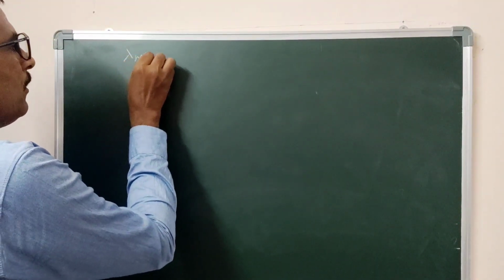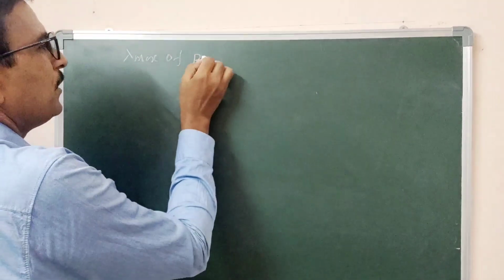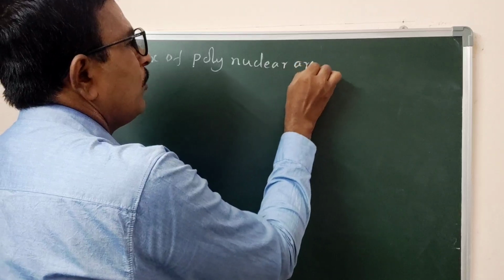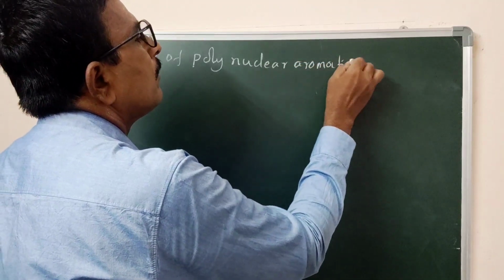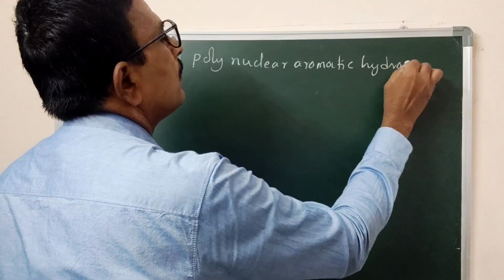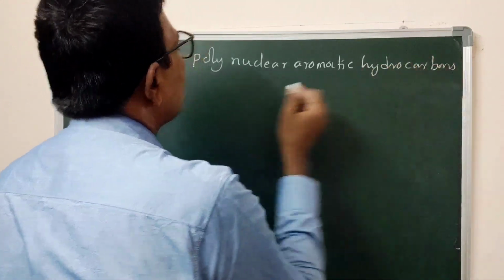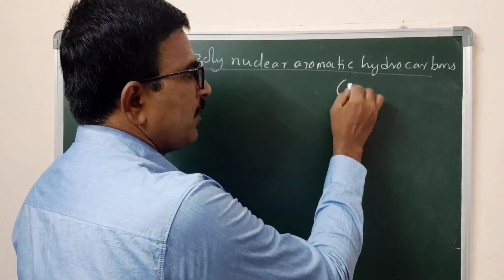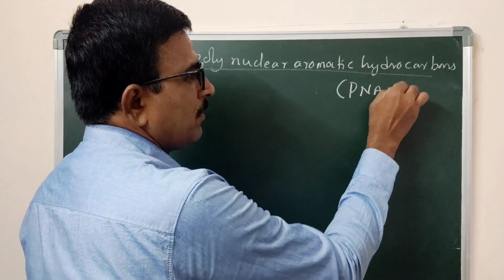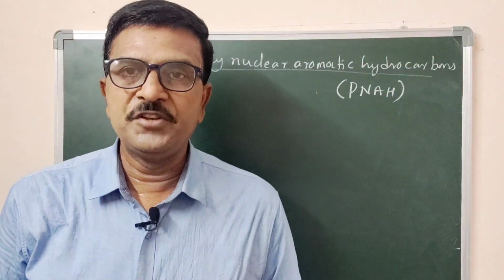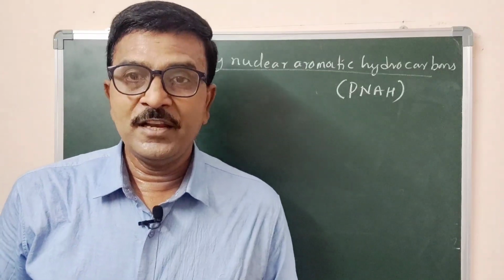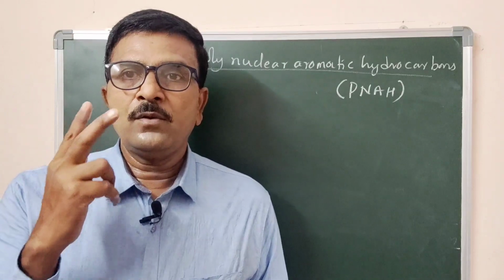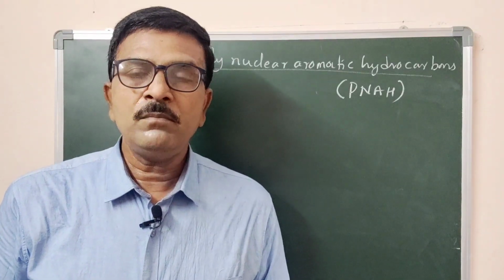Lambda max of polynuclear aromatic hydrocarbons, in an abbreviated form called PNAH. Now in case of polynuclear aromatic hydrocarbons, we can observe there are two bands that appear in the ultraviolet spectrum.